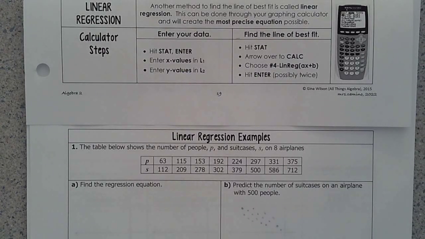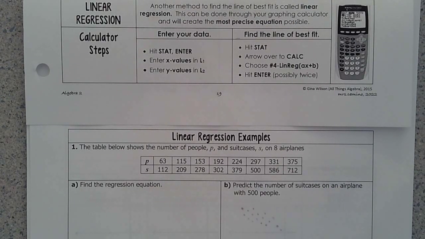I actually folded my page just a little bit so that we could see the instructions while we're working through the problem. So here we have a problem. The table shows the number of people and their suitcases on 8 airplanes. We're looking for a relationship between how many people are on an airplane and how many suitcases they brought onto the airplane.